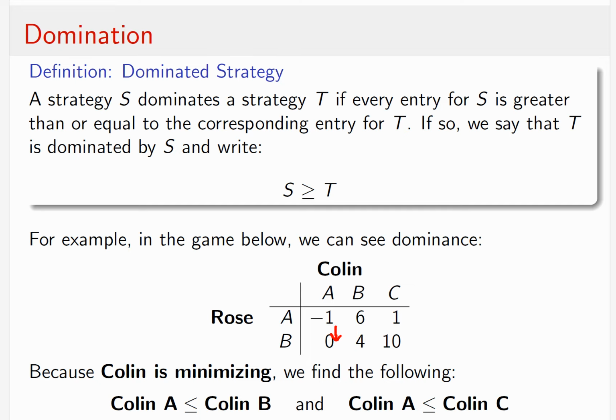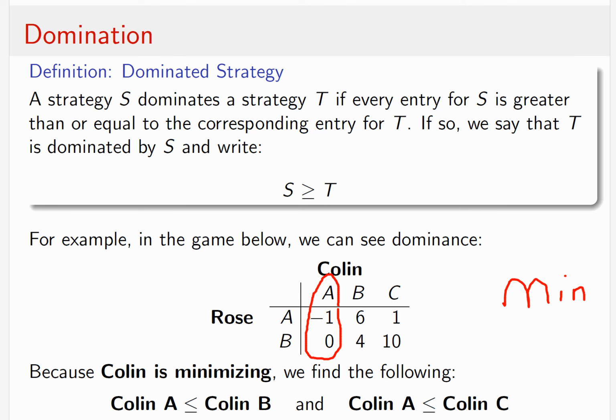So let's look at Colin, all right? So one thing that we notice right away with Colin is that, hey, strategy A looks pretty good. Why? Remember, Colin is minimizing. And if you're minimizing, 0 and -1 are pretty good values, right?